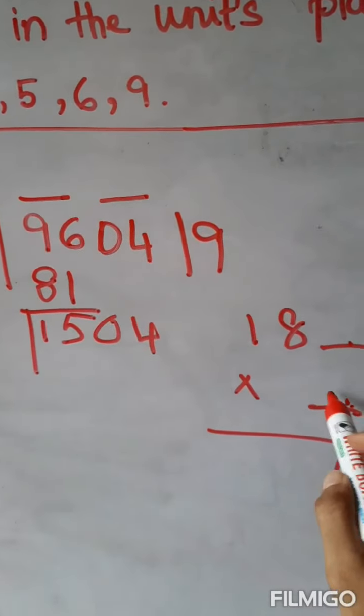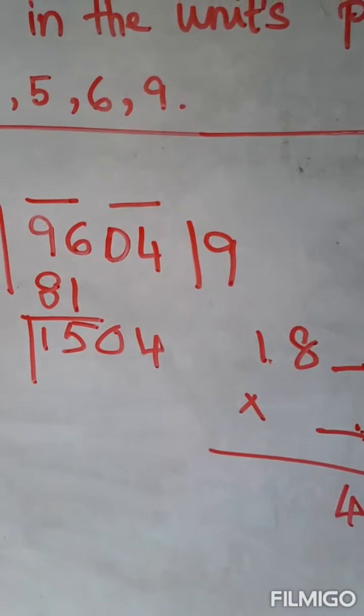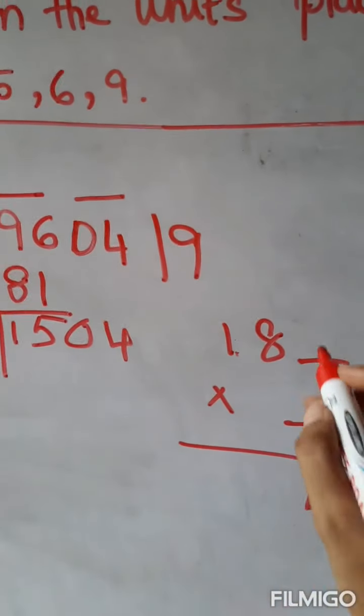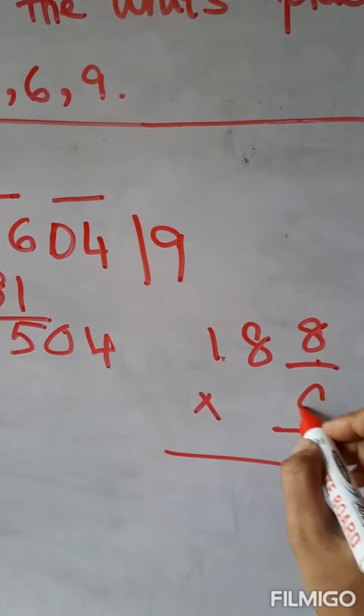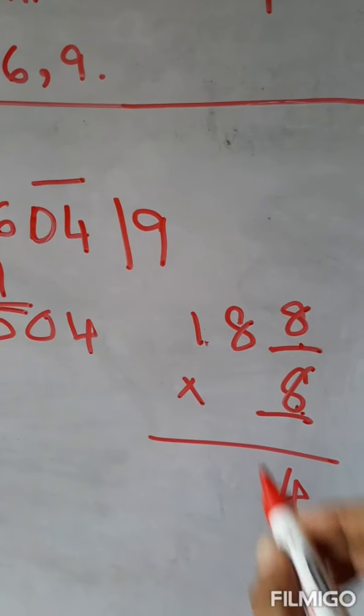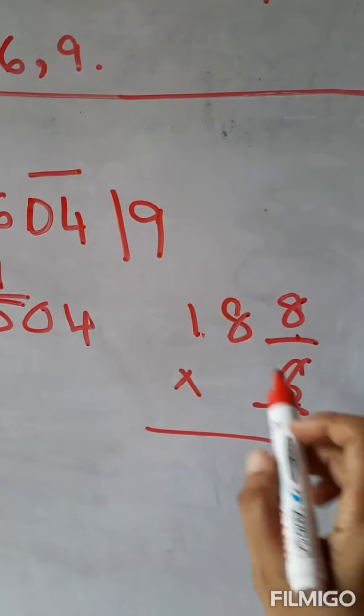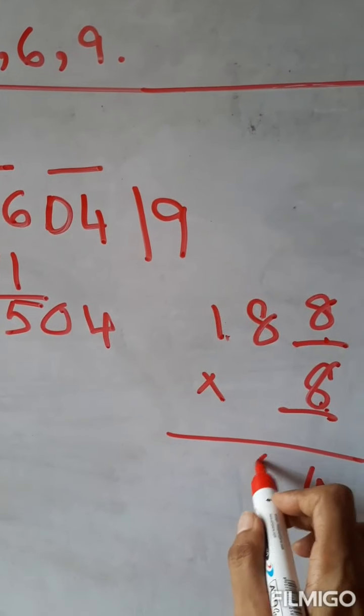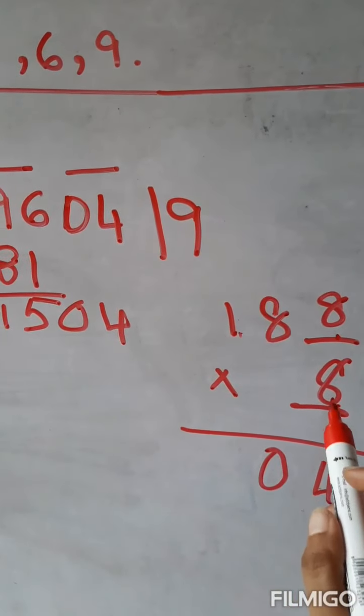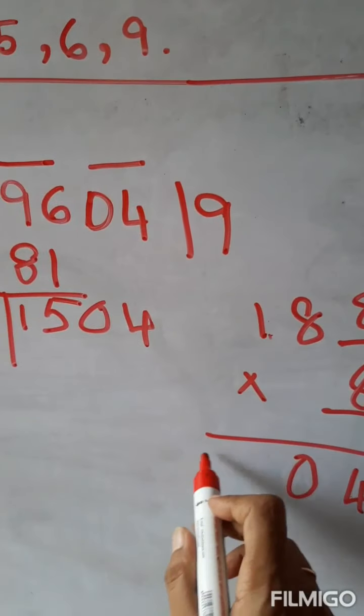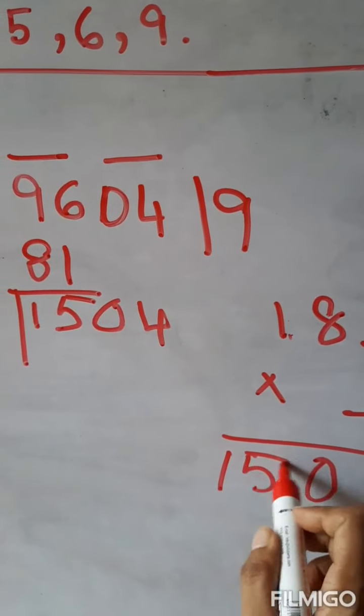With 2, if you multiply 1, it becomes 2. So let us try with 8 only. 8 8s are 64. 64 plus 6 is 70. 8 1s are 8 plus 7 is 15.